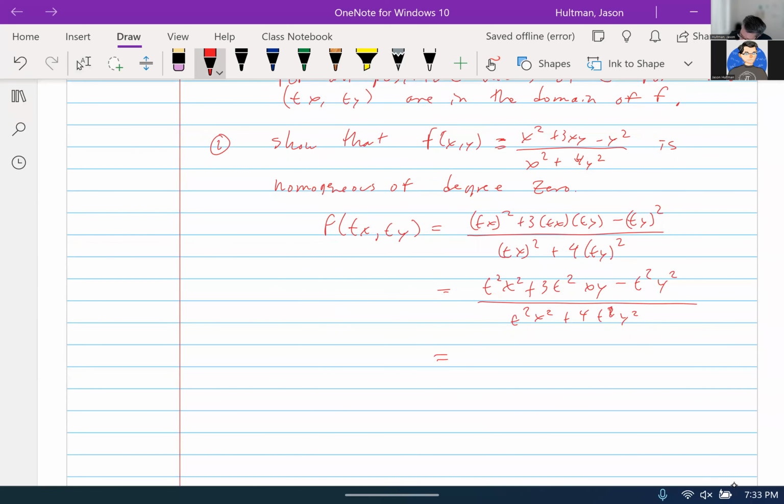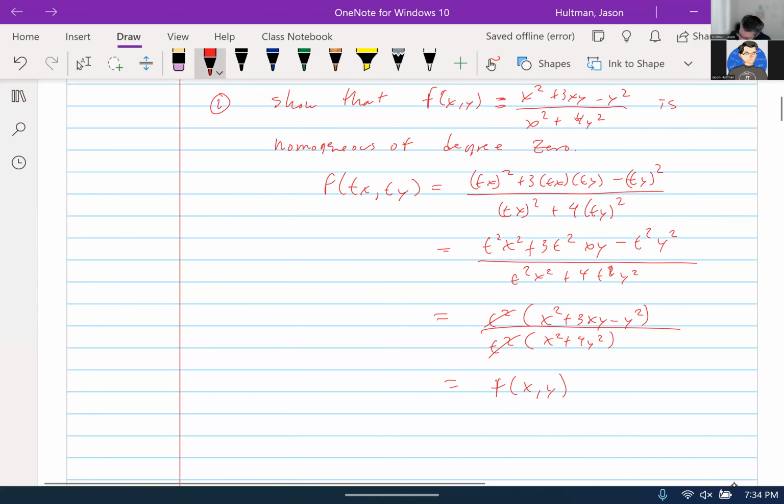What I want to do now is factor out the t squared on top and the t squared on the bottom, and I get x squared plus 3xy minus y squared all over x squared plus 4y squared. The t squareds will cancel out, and so that does equal my original function, f of x, y, and therefore it is homogeneous.